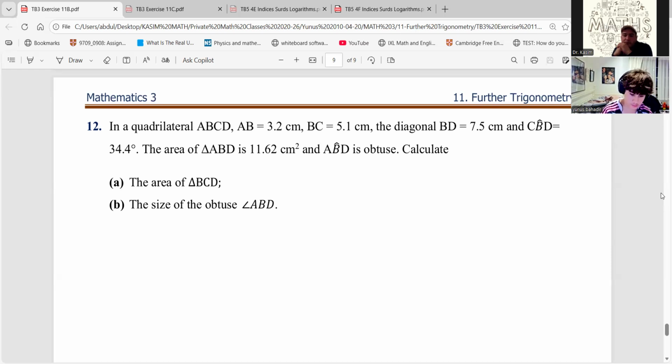ABD is obtuse. First, let's draw. Can you draw and I'll draw together? Also, let me draw what kind of quadrilateral we're talking about. I drew it.